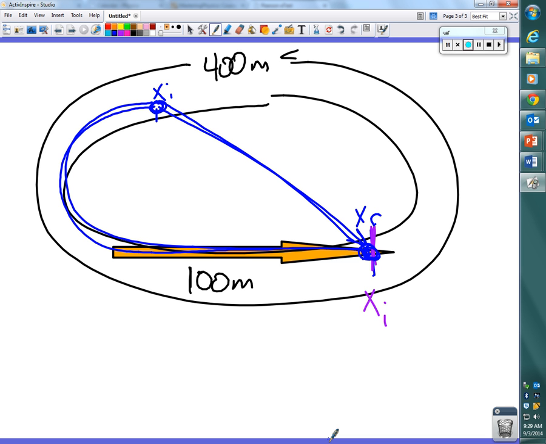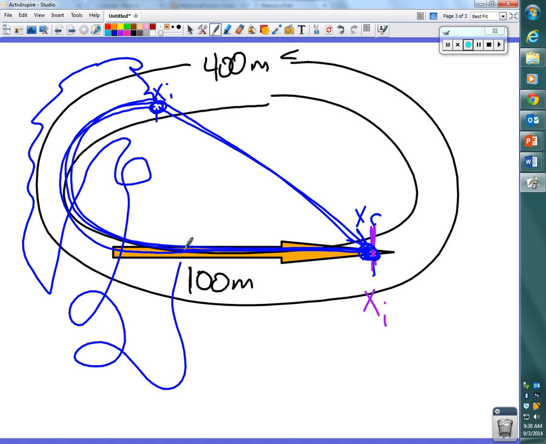When you're talking about displacement, it doesn't matter which path you take. Let's say this runner goes from here to here, and this guy for some reason goes to the infield. In both cases, the displacement is the same because they both start and end in the same spot.